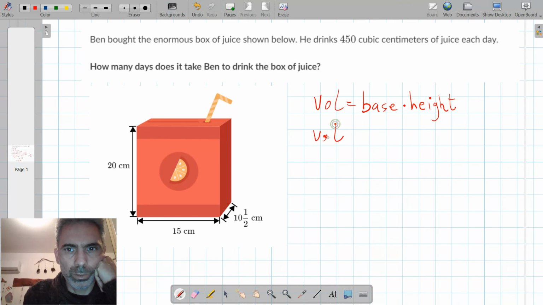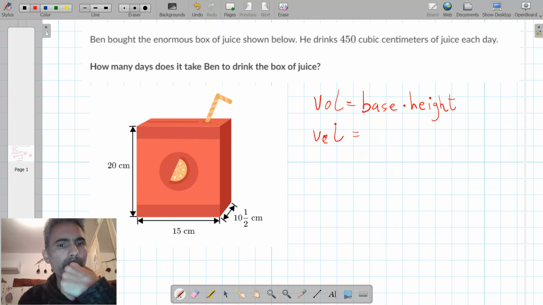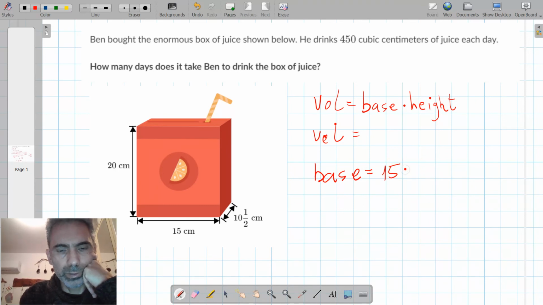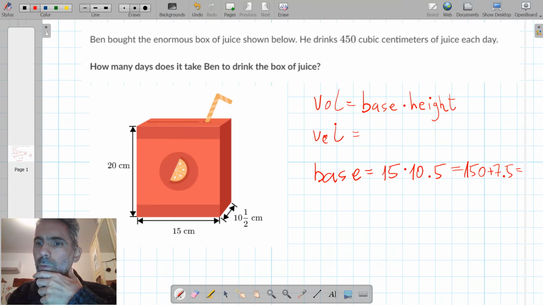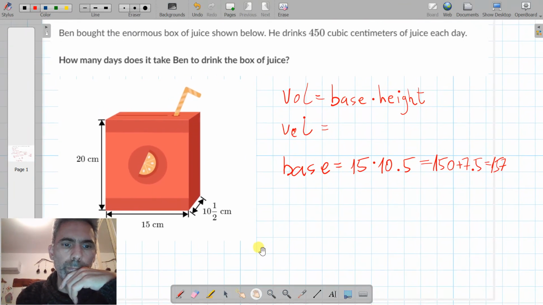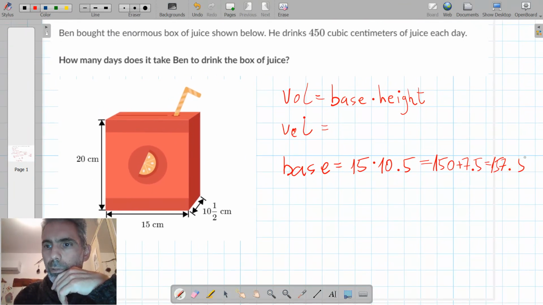Okay, so the volume is, the base is 15 times, okay, let's see, the base equals 15 times 10 and a half. 10 times 15 is 150, and 1/2 of 15 is 7.5. So in total is 157.5. This is the base.